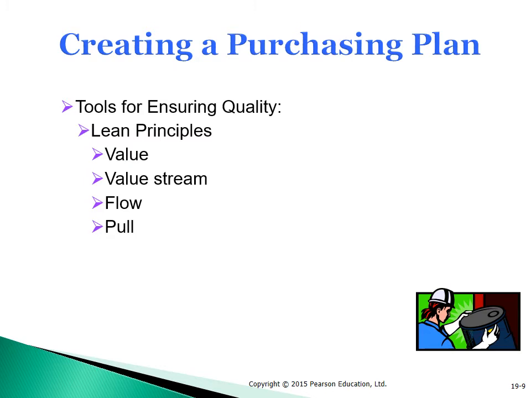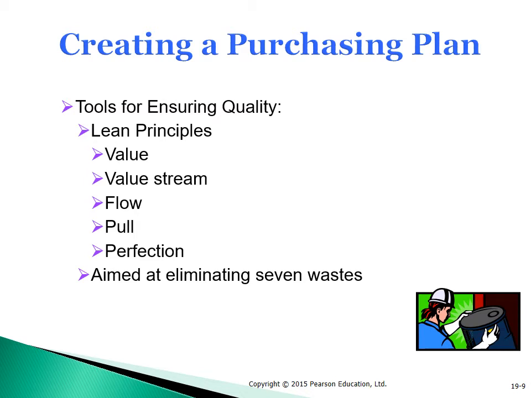Customer demand pulling the system drives the entire supply chain. And the last one is perfection. Companies should strive for perfection by eliminating waste and inefficiency everywhere it arises and by providing exactly the products and services customers want.